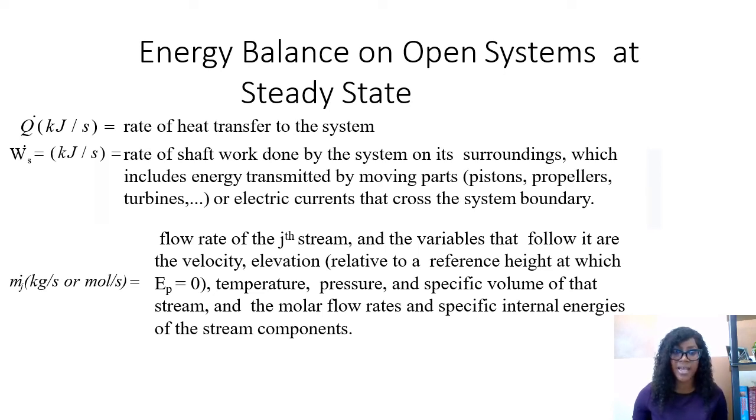W subscript S is our shaft work, which is work done by the system on the surroundings, and can be through moving parts. It can be pistons, propellers, turbines, or an electric current, etc. And we also saw that we had mass both entering and leaving our open system.